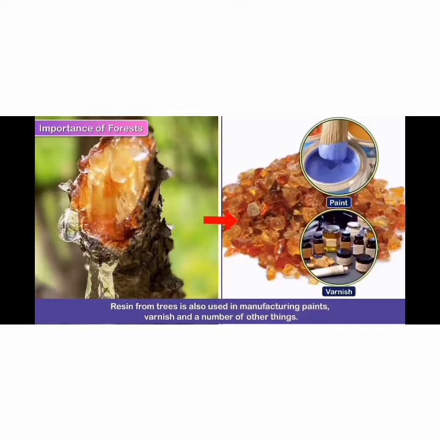Can you see in the picture? Yes, it is a sticky substance which we get from the plant. These resins are used to make paint and varnish.